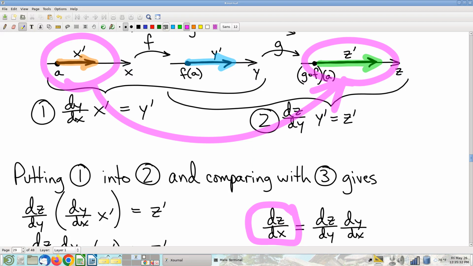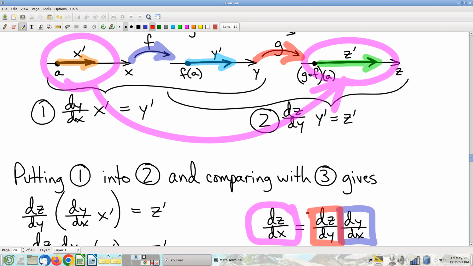Apparently, I have to multiply first by f prime. That gives me y prime. And then after that, I then have to multiply by the derivative of g to turn that into z prime.